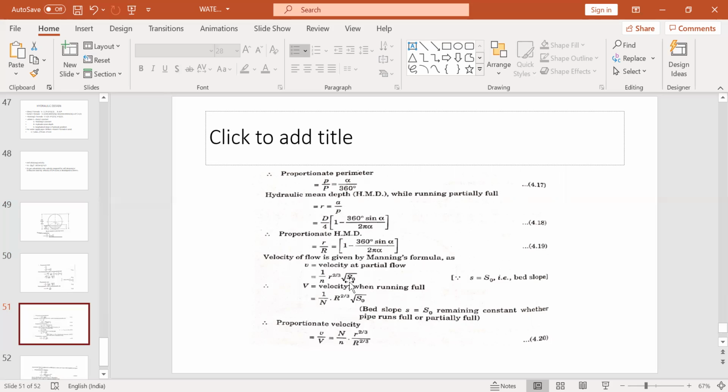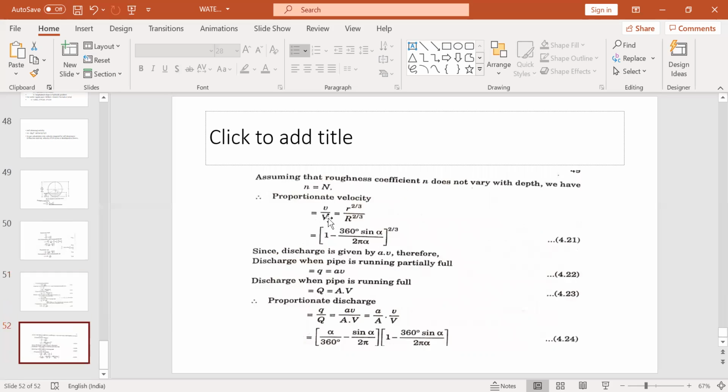Slope will be the same in both the cases, whether it is flowing partially or fully, slope will remain the same. So if n and n, the Manning's coefficients in both cases are equal, small v by capital V will only depend on small r to the power 2 by 3 by capital R to the power 2 by 3.